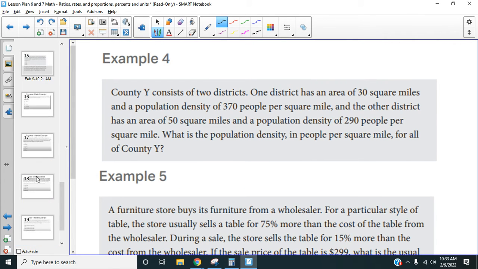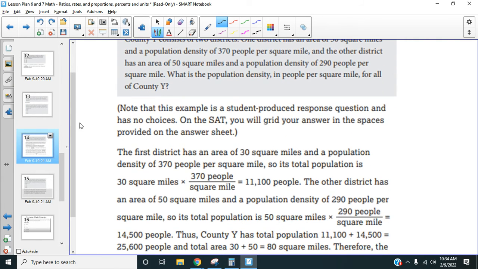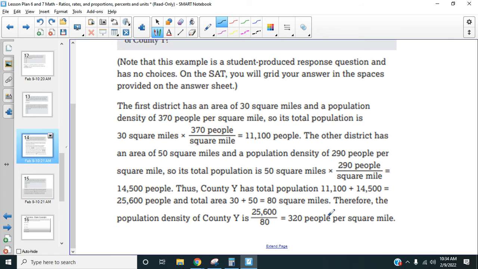This one's pretty straightforward because it's not multiple choice. There's not really any good strategy, right? You can't eliminate anything. Here we go. Here's your answer. 320. In order to figure that out, you had to figure out, first of all, how many total people were in each region, right?